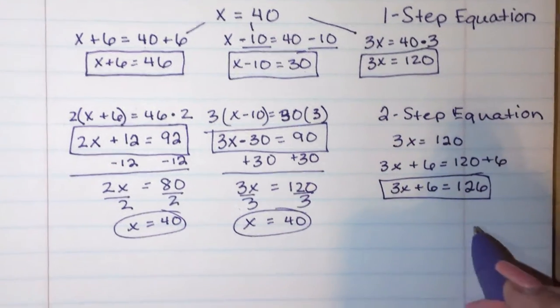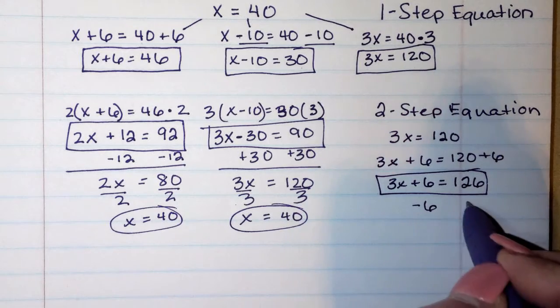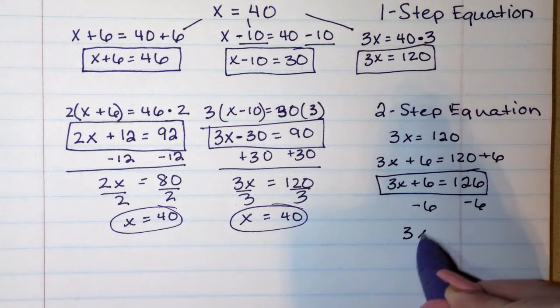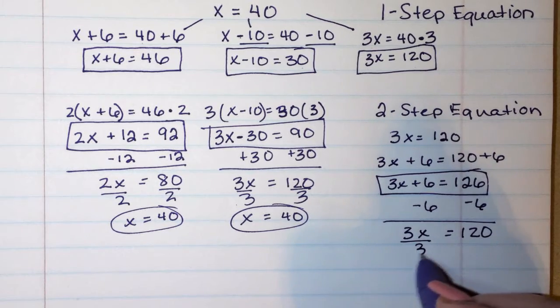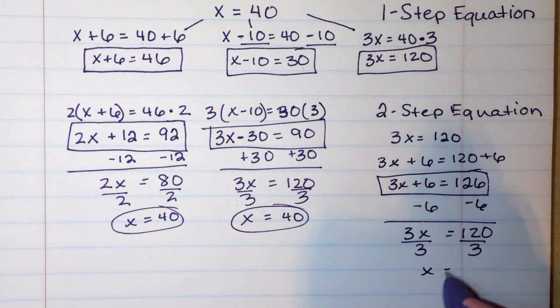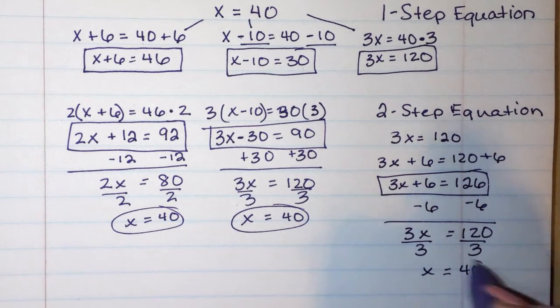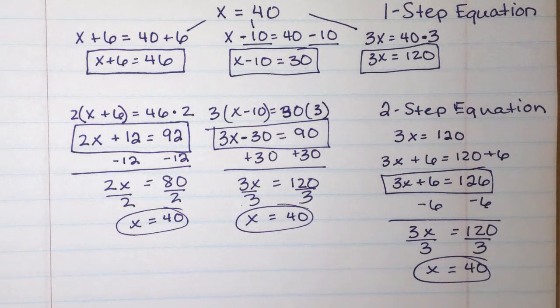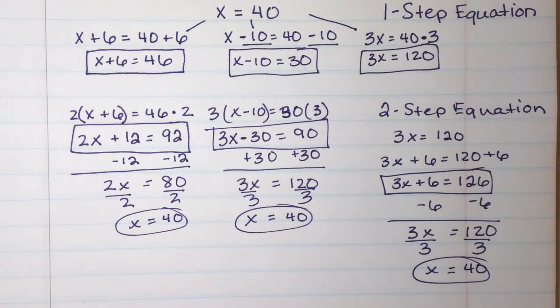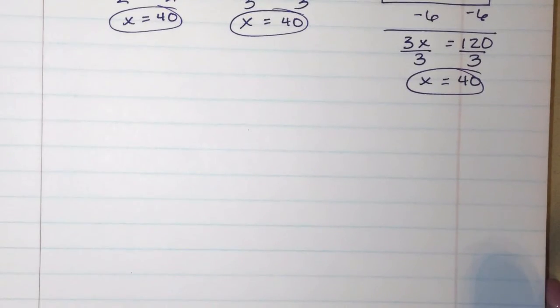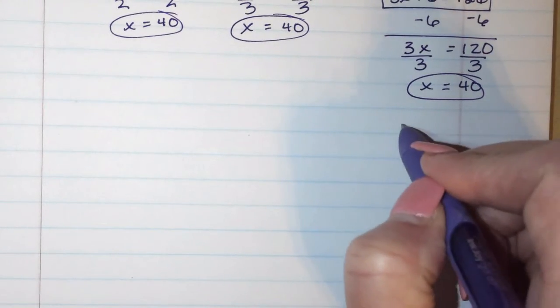And of course, to prove that it works, I would subtract 6 off of both sides. I would get 3x equals 120, divide by 3, and x equals 40. So, pretty easy. One-step equation, two-step equation, no big deal. Now, let's go to a multi-step equation.